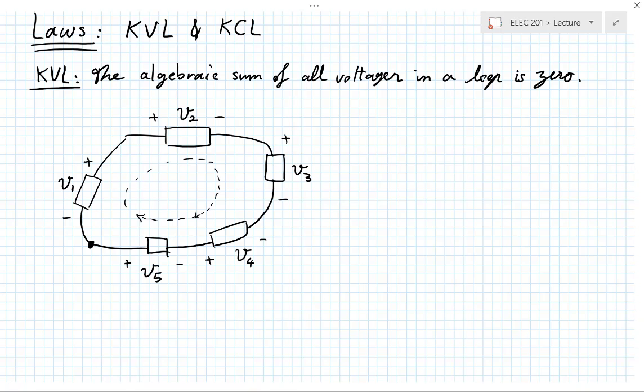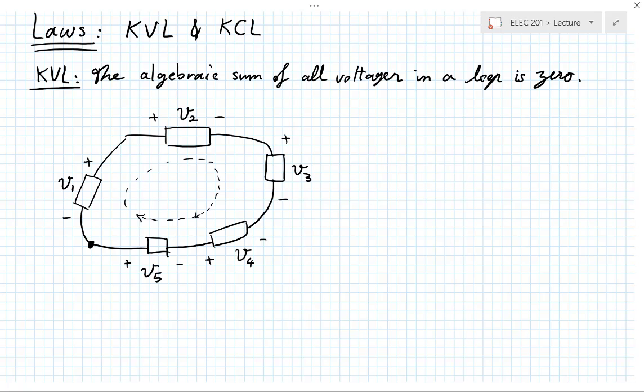The algebraic sum of all voltages in this loop has to be 0. What we mean by the algebraic sum, aside from the fact that the quantity voltage itself can be either positive or negative, is that as you go around the loop, you have to distinguish for each element if you are going from the side that has a negative to the side that has a positive.